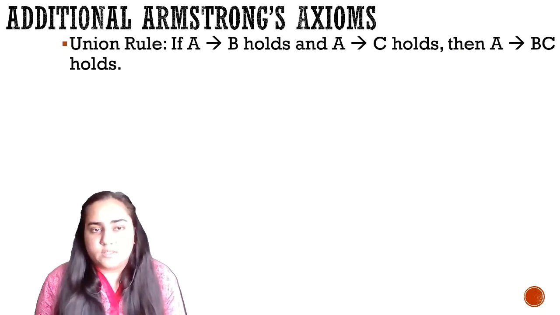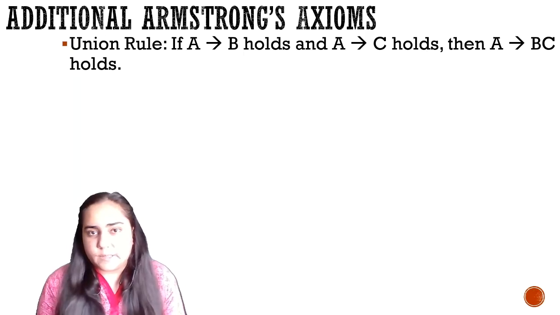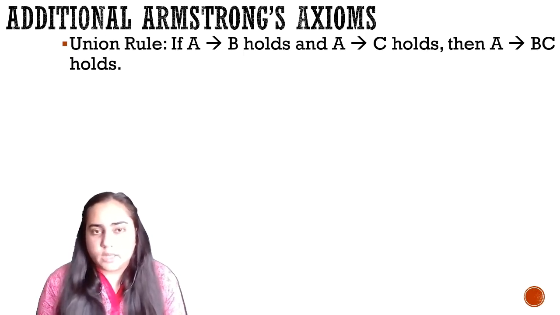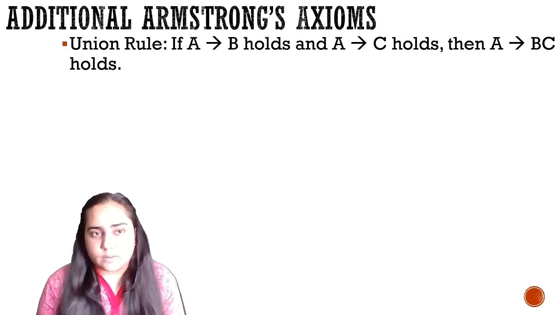The first additional rule we are going to talk about is the union rule, which says that if A determines B holds and A determines C holds, then A determines BC holds. In both A determines B and A determines C, on the left side you have just A, which is common, and that's why you can merge the right side and make it BC.